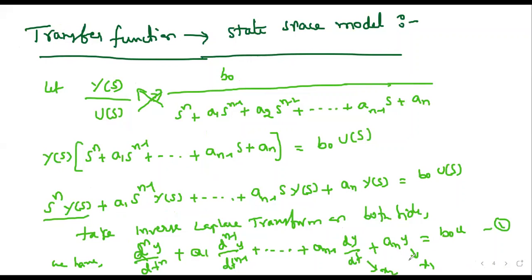Then what you can write: minus an into x1, minus an minus 1 into x2 and so on. Correct?